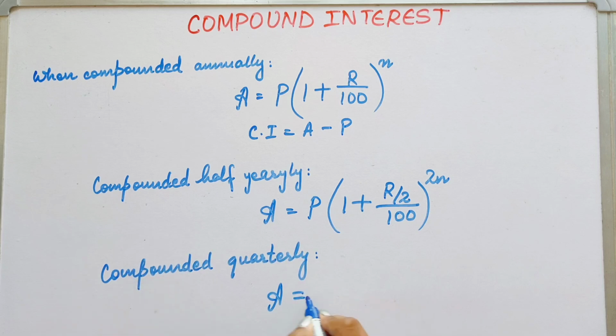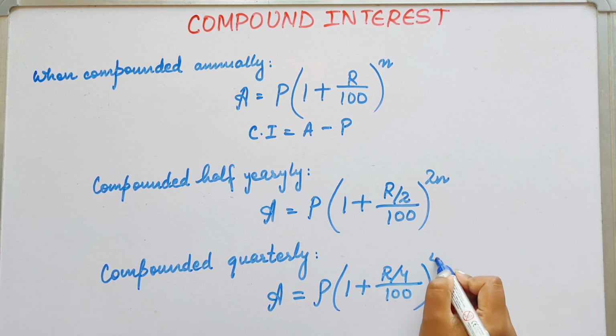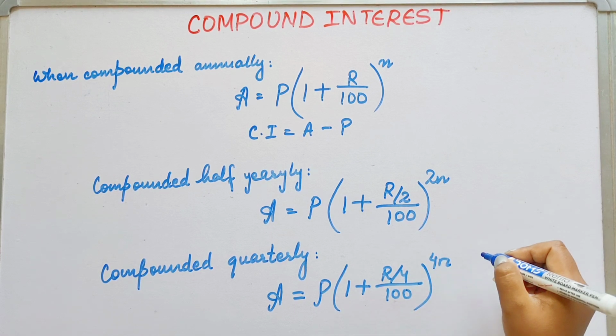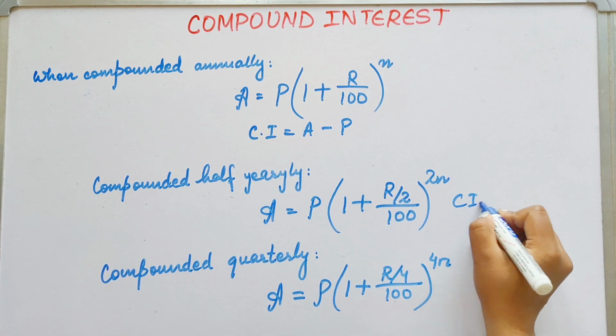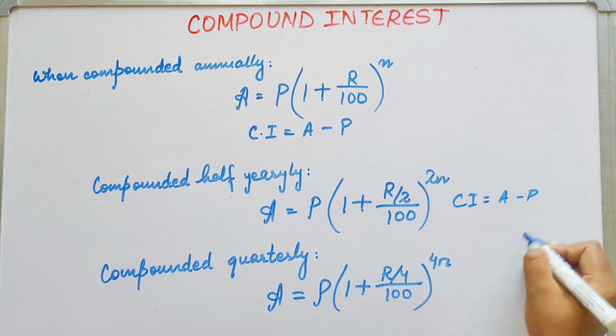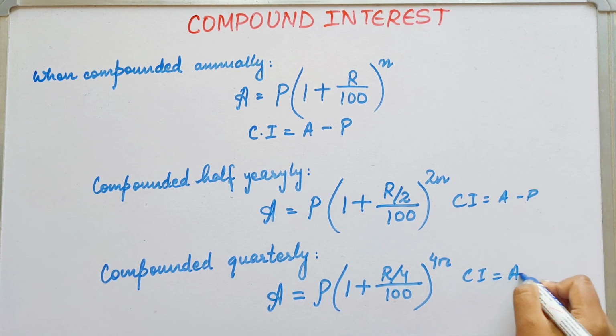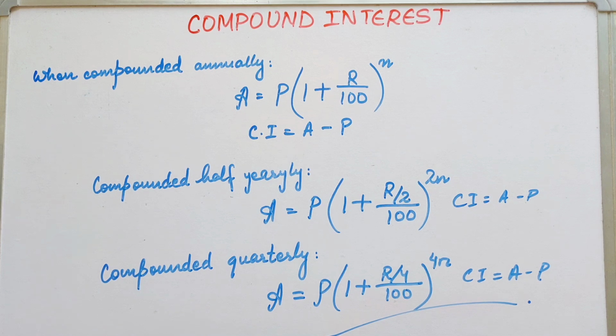And compounded quarterly, P whole 1 plus r by 4 divided by 100 to the power 4n. In both the cases, compound interest will be amount minus principal. Over here as well, amount minus principal. So this is how compound interest is calculated. These are the formulas. We will move straight forward to the problems.